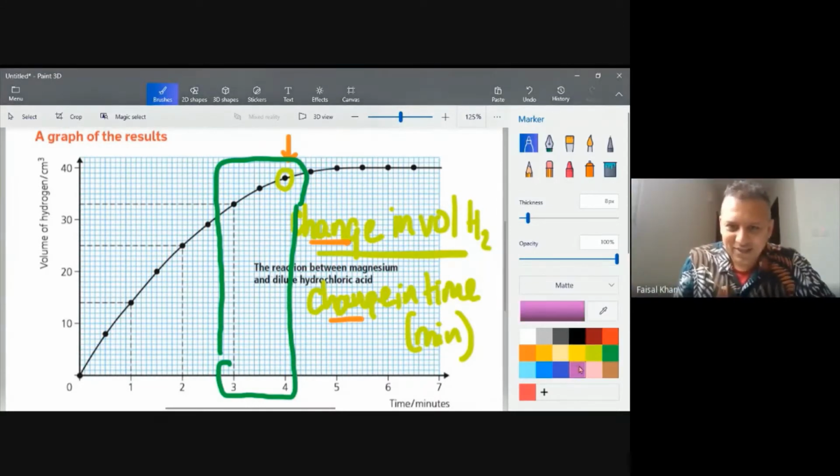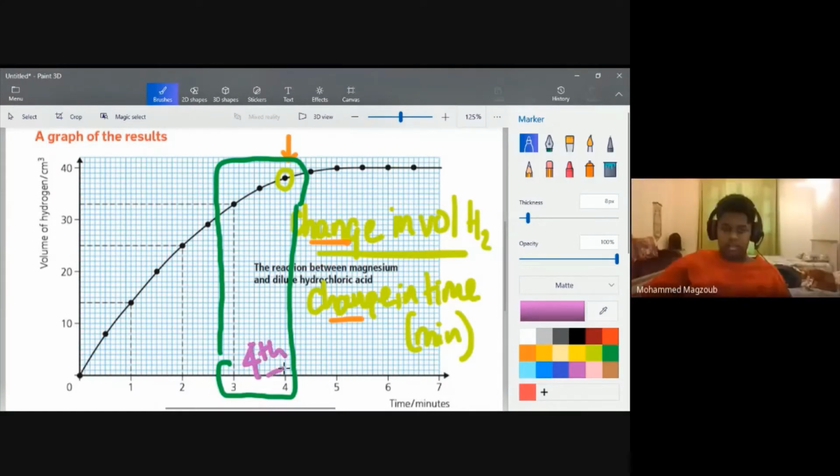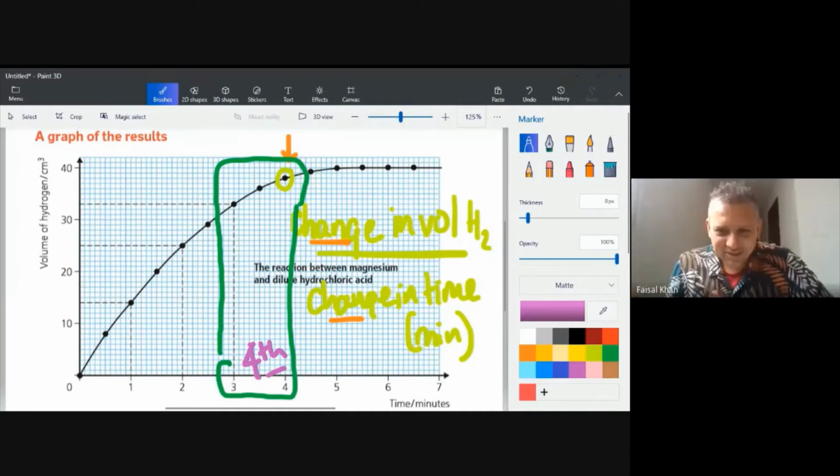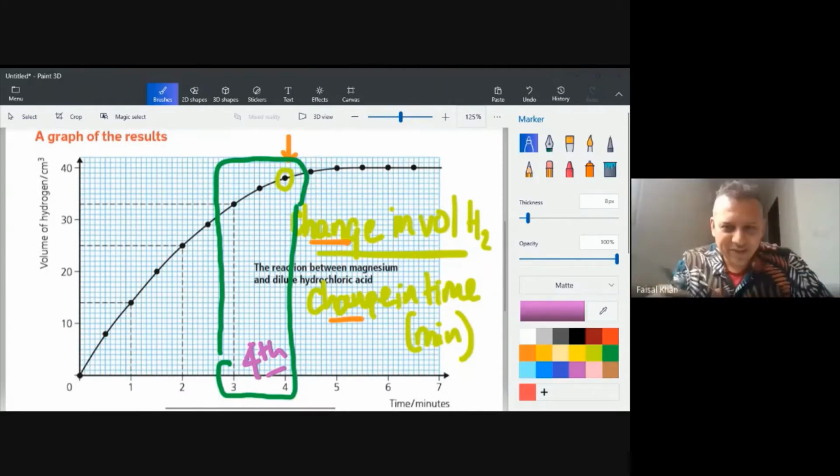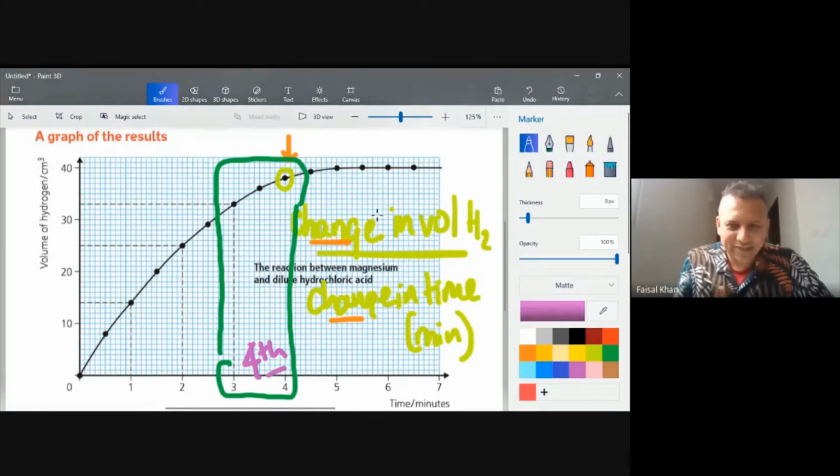Mohammed, what do you think? I think we calculated by dividing. Dividing what by what? Don't have to give me the numbers just yet. Just tell me what I would write in the equation.